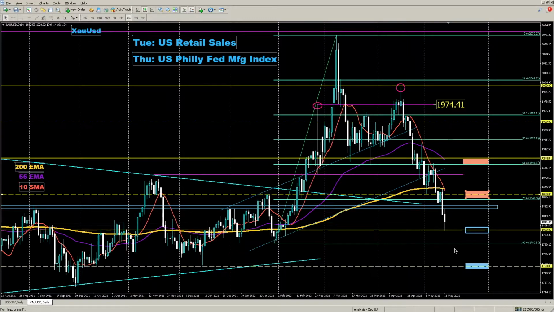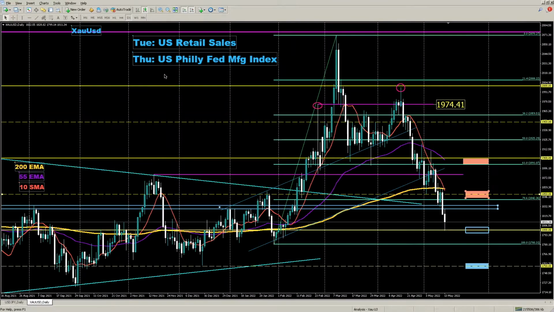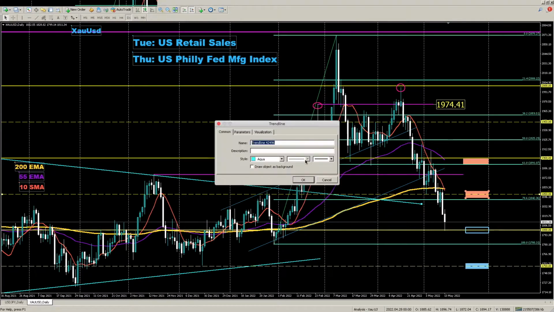All right. So this zone here, let's take a look where that was from. Yes, there was a previous resistance, turned support, and our resistance again. So I think let's remove this level here. This has already gone past.